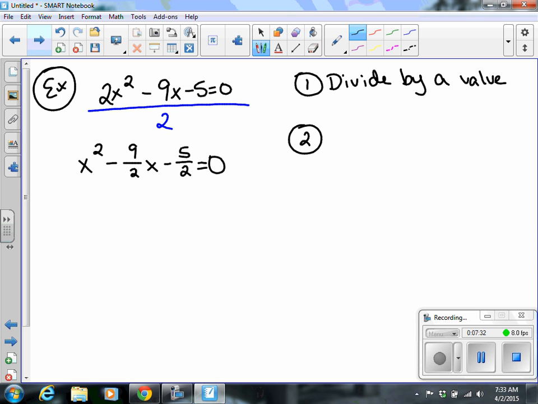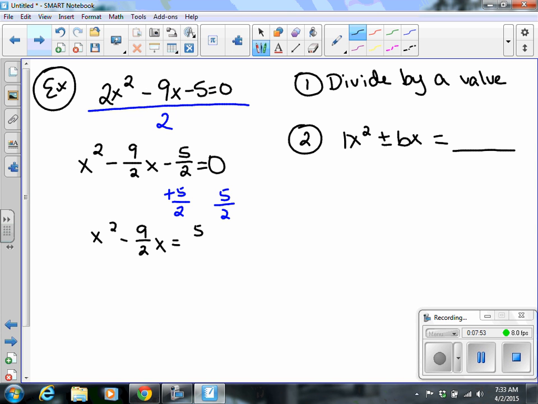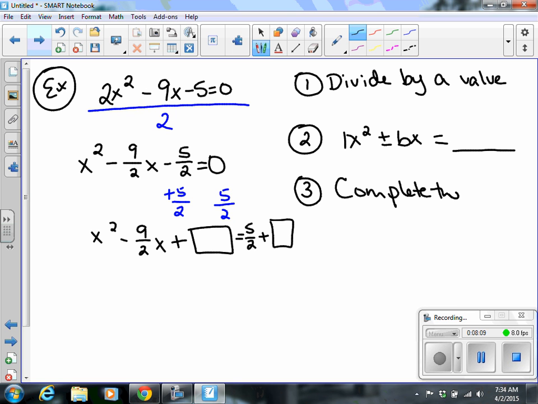Step 2, I'm going to move it so it's 1x squared plus or minus my bx equals some number. So I'm going to move the 5 halves over to the right. So I now have x squared minus 9 halves x equals a positive 5 halves. I'm going to rework this with the square in there. Step 3, I'm going to complete the square.